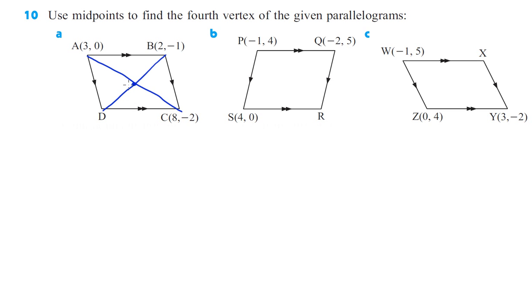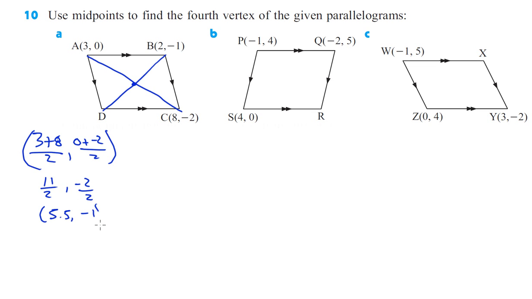So let's try that out. The midpoint of AC, so we'll go 3 plus 8 over 2, and then 0 plus negative 2 over 2. So that's 11 halves and negative 2 halves, so that's 5.5 and negative 1.